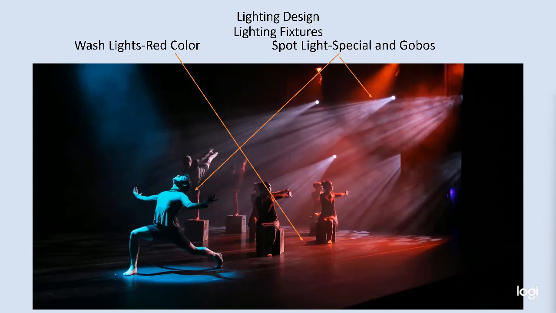So in this dance concert, we can see that the red light spilling all over the performers and the floor here is being made by wash lights up here on these booms. And then spotlights are being used to cast this texture across the performer and the floor.